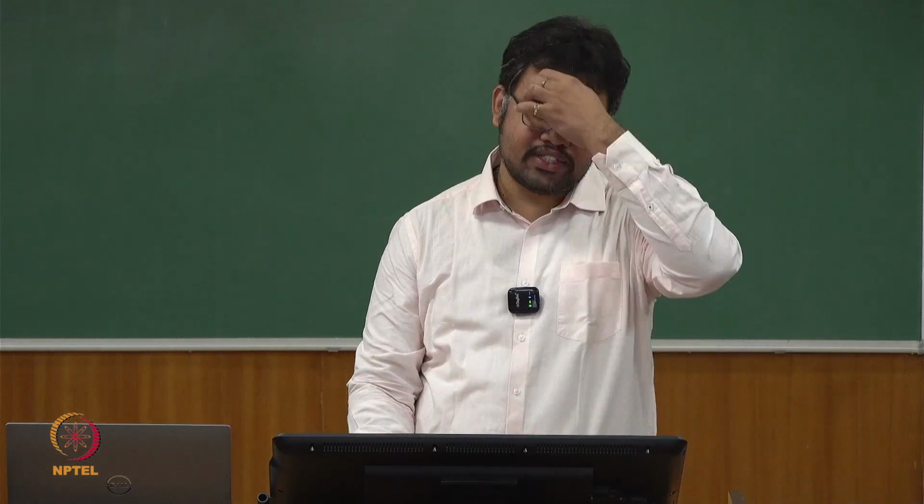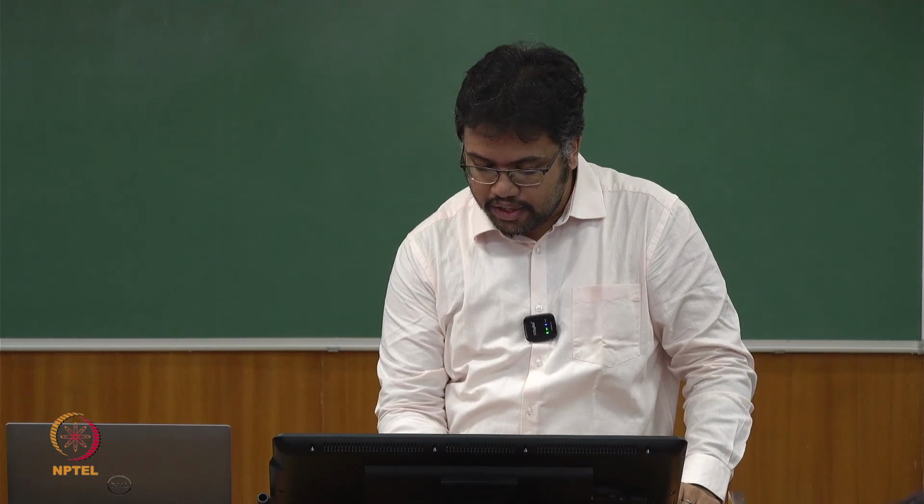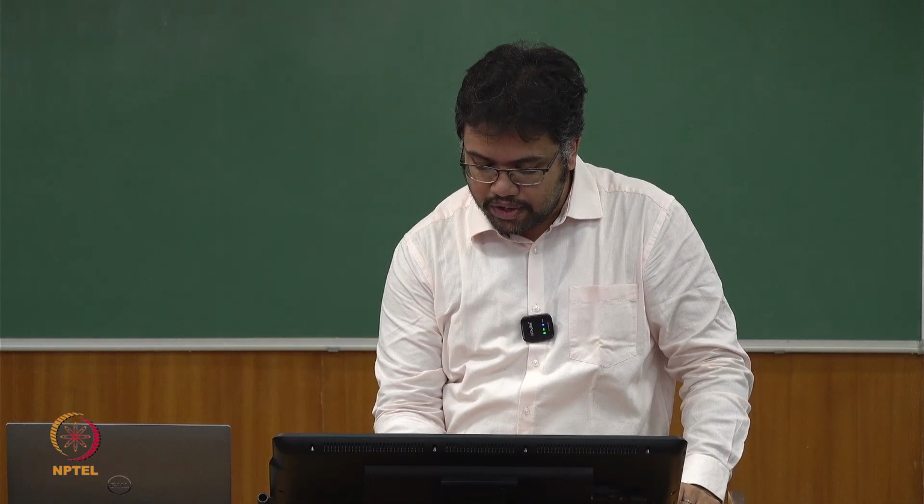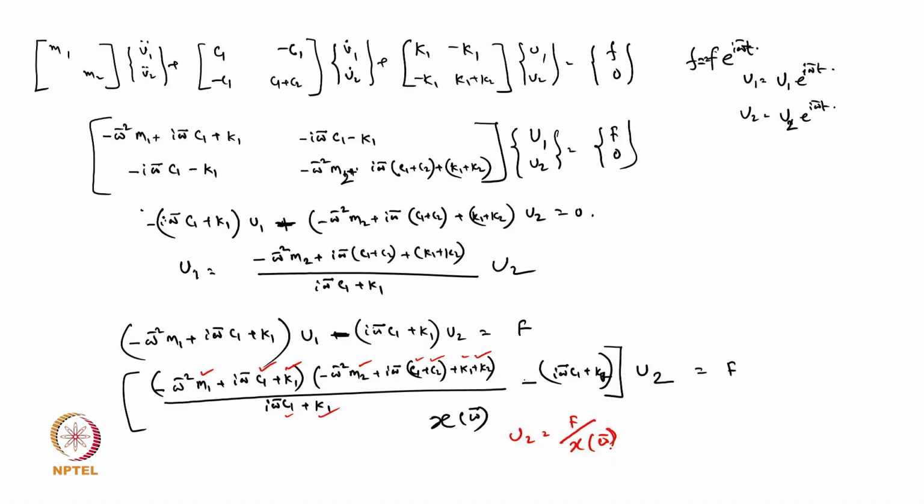If I think the full thing is something like chi of omega bar, then I can say that U2 will be F divided by chi of omega bar. Now, what is the important point? We try to reduce U2.